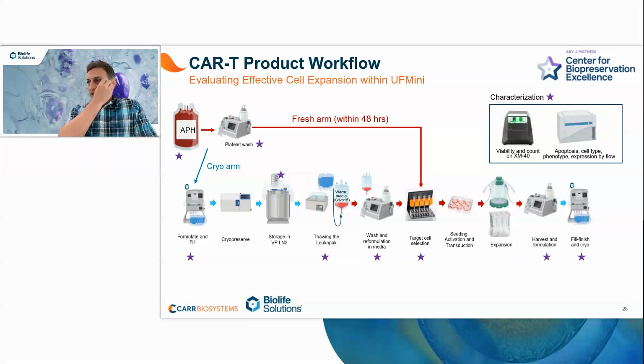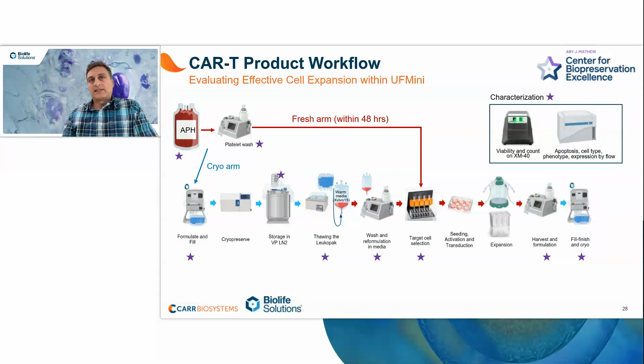So a portion of the apheresis product was collected every time, went through centrifugation, platelet removal, or platelet wash, and then reformulation into the selection buffer, which then went on the Miltenyi magnetic bead columns, using Miltenyi beads for cell selection.